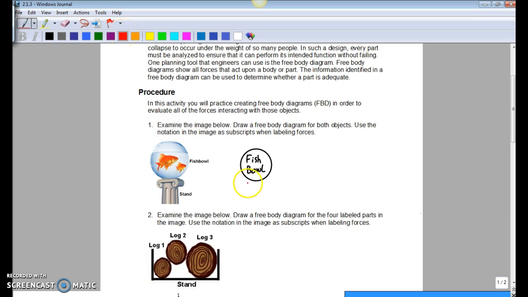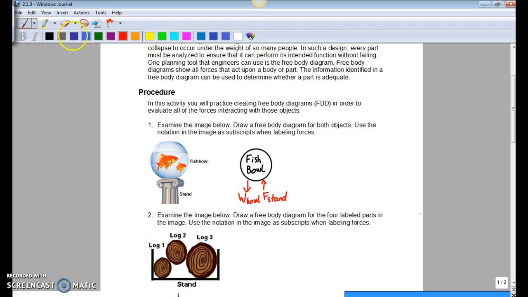Well, the first force we have is simply the weight of the bowl, which is acting downwards. That's the force of gravity. In order for the bowl to stay motionless, there's an equal and opposite reaction force here. We're going to call that F of the stand. So whatever weight the fishbowl is pushing down, the stand is reacting exactly opposite.